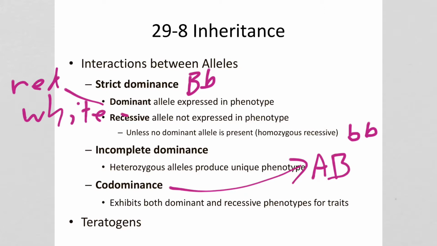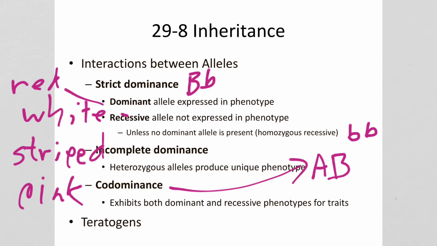With strict dominance, with a red gene and a white gene, you would have a red tulip. With codominance, you would have a pink tulip, and with incomplete dominance, let's say you would have a striped tulip. Technically, the stripes in tulips are actually a virus, not codominance and not incomplete dominance, but you know.